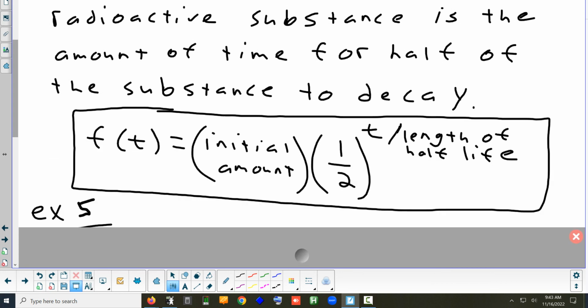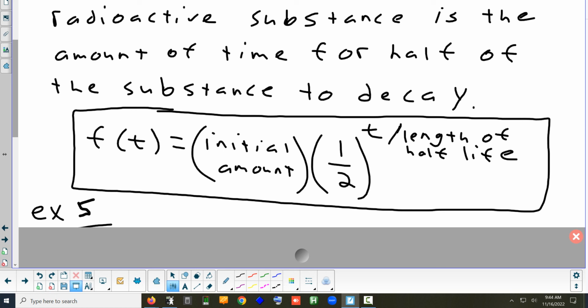And the formula for exponential decay is almost the same as growth with one change. Instead of the base being a 2 for doubling, it's a half for half. A lot of medications work that way too.